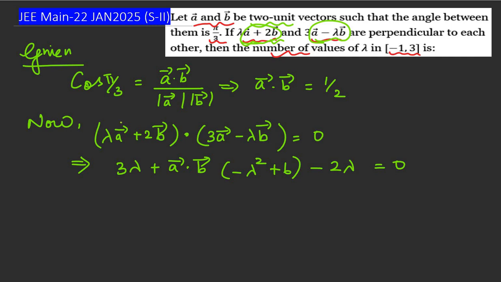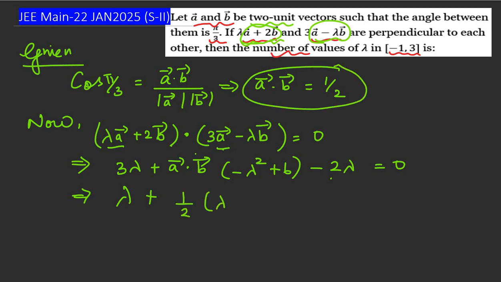Simplifying, minus 3 lambda plus 3 lambda minus 2 lambda gives us lambda, and A dot B we know is 1 by 2. So this is 1 by 2 into lambda minus lambda squared plus 6 is equal to 0. Taking the LCM, we get lambda plus 6 minus lambda squared, with the 2, equal to 0.